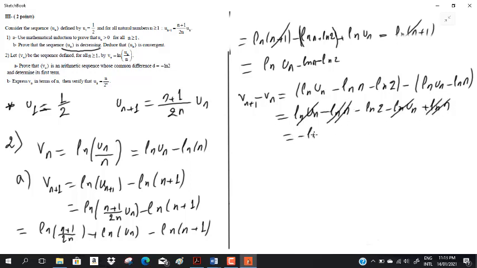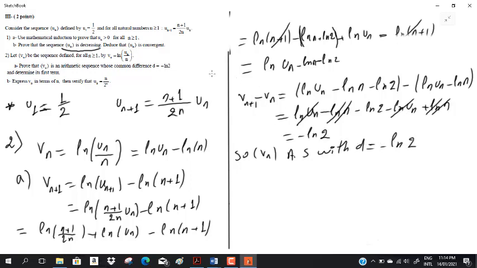The answer is minus ln of 2, so Vn is an arithmetic sequence with common difference d equal minus ln 2, and we need to find the first term.